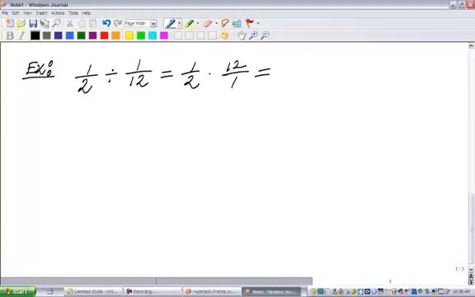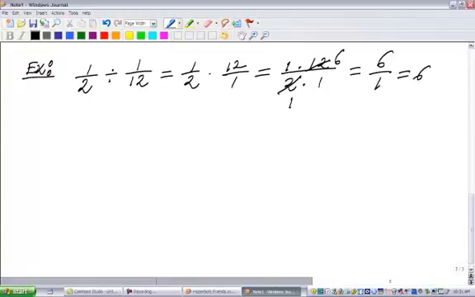If you want, I can write the numerator as 1 times 12. The denominator is 2 times 1, right? And then I can divide the numerator by 2, I get 6. If I divide the denominator by 2, I get 1. So I get 6 over 1, which is 6, right?